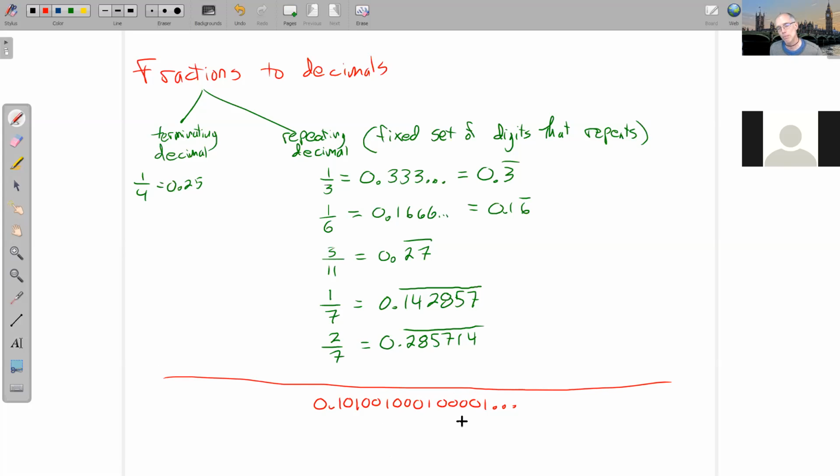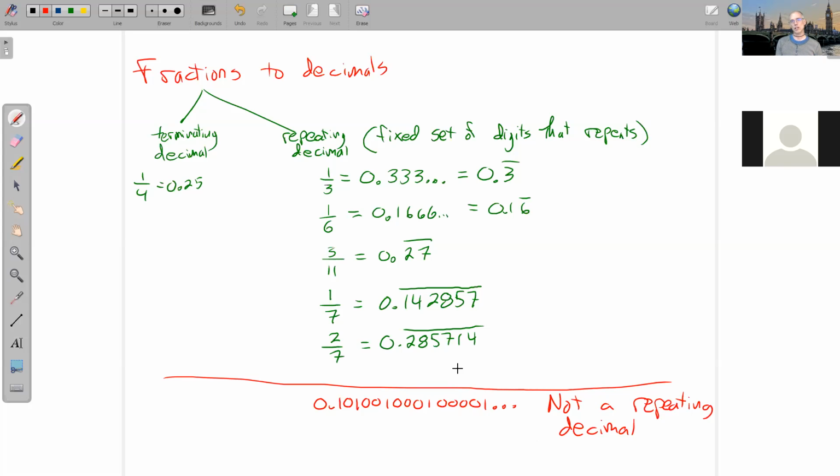I can't draw a bar over anything here because the number of zeros between the ones increases by 1 each time. Okay, so this is not a repeating decimal in the sense that the ones above are. And I'll come back to this at the end of the chapter.